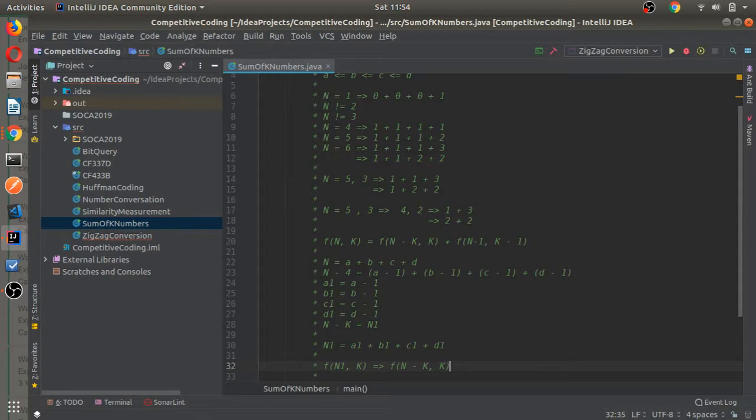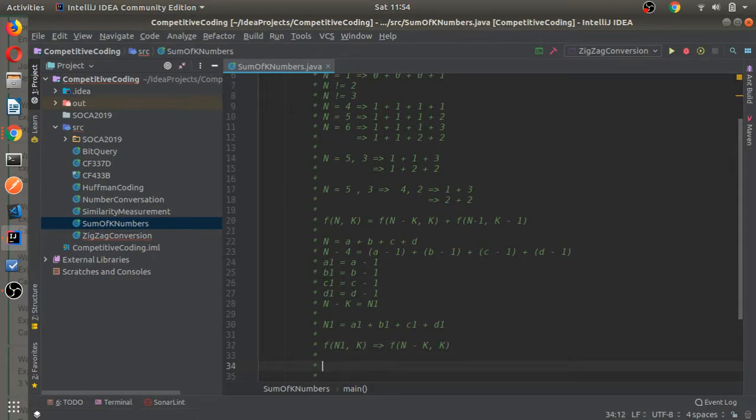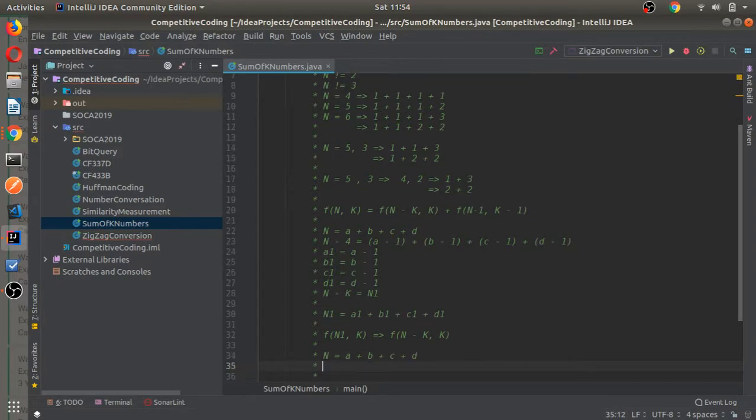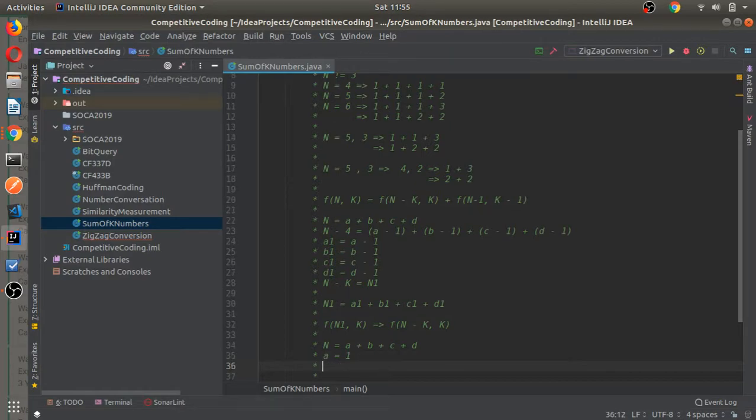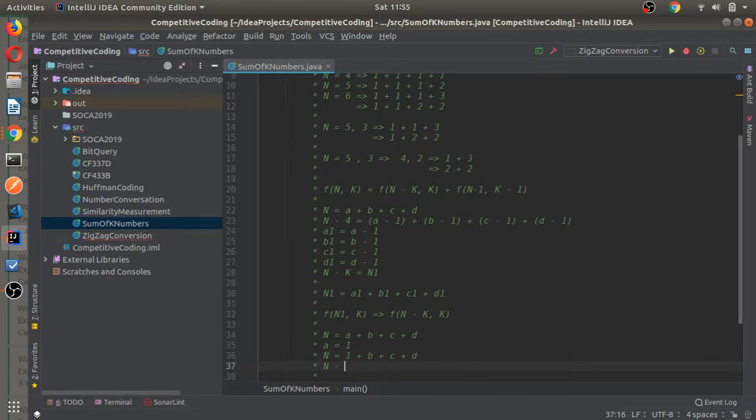And the second part is n is equal to a plus b plus c plus d, which essentially also means, if a is equal to 1, then the remaining equation boils down to 1 plus b plus c plus d, or n minus 1 is equal to b plus c plus d.